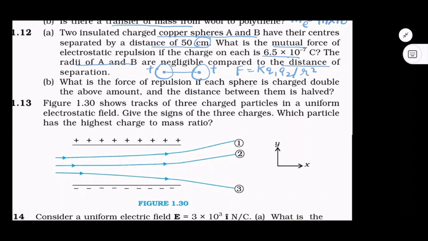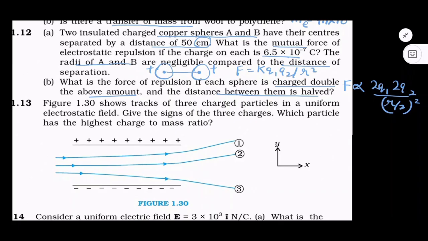Okay, so let's move to the next question. What is the force of repulsion if each sphere is charged double the above amount and the distance between them is halved? They are asking what will happen to the force if the charge on both spheres is doubled. Looking at the proportionality, the first charge will be 2q1 and the second will be 2q2, while the distance is halved, so the new distance will be r by 2, the whole square.